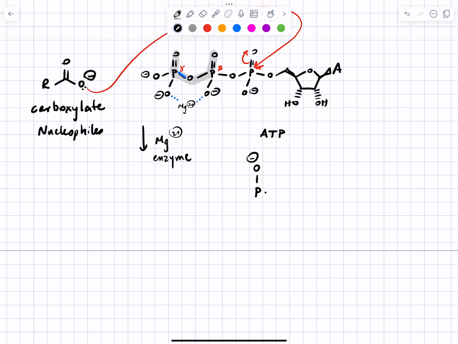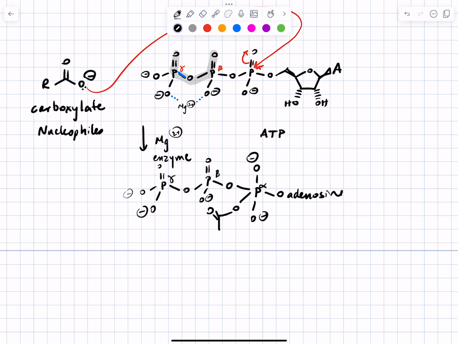Now take a look at this really quickly. Here is what I'm going to just abbreviate as adenosine. Here is the carboxylate that's now attached, and then here's the 5th group. Here you have to decide what the best leaving group is. Is it the alcohol on the adenosine side, or is it the phosphate group on the beta side?